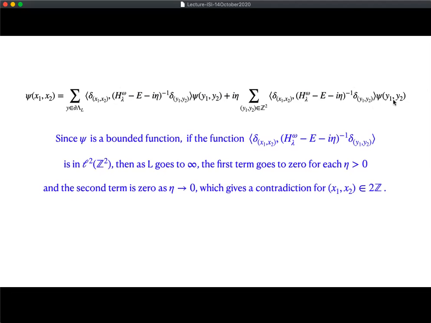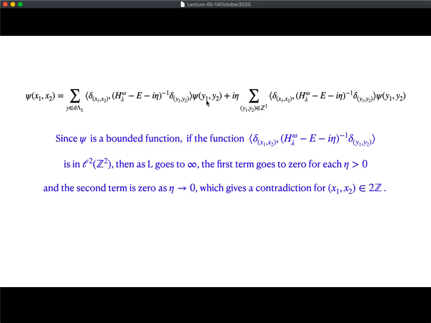Now we have here a bounded function, and the function on the left-hand side has modulus 1. So if I take a modulus here and get the inequality, if we assume that this quantity is in L1, then because this is L1 in the whole space, if you take it on the boundary of a square, as L goes to infinity, this term goes to 0. And what is remaining is this.